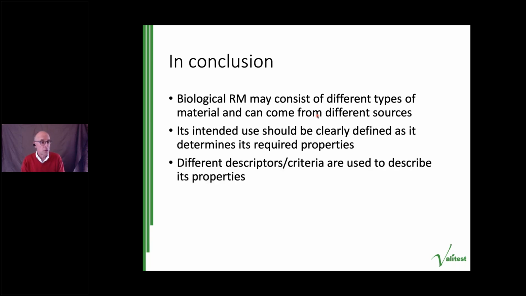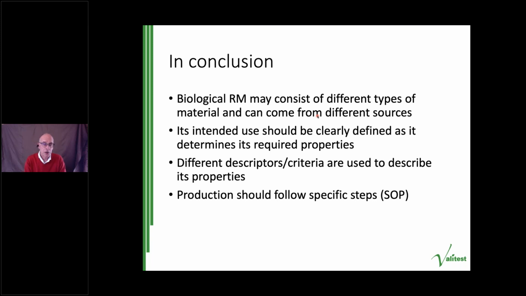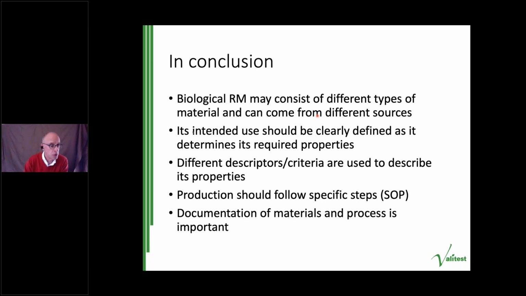There are different descriptors or criteria that you can use to describe its properties, and these may differ with the type of material. Its production should follow specific steps, preferably in a standard operating procedure, but again, it may depend on the material itself. The standard operating procedure in deliverable 3.3 may serve as a guideline, and hopefully that helps.